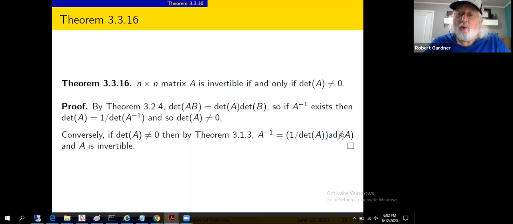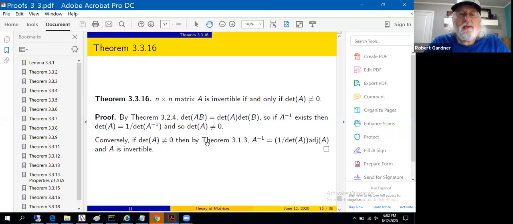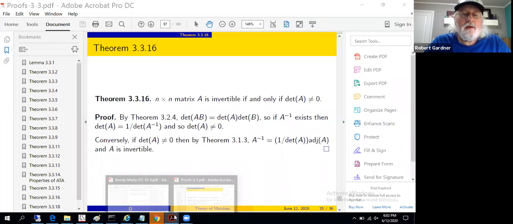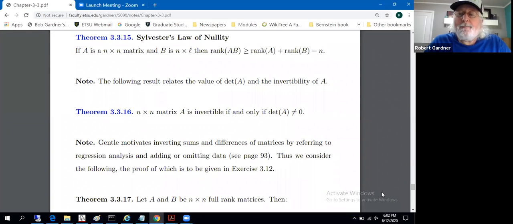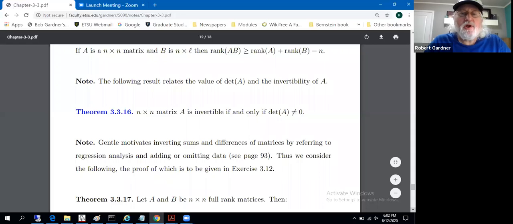I don't have any trouble with that matrix existing. We can take the 1 over determinant of A, and this gives us a formula for A inverse. So with the body of knowledge that we have, that's quite easy. We had dealt with determinants.